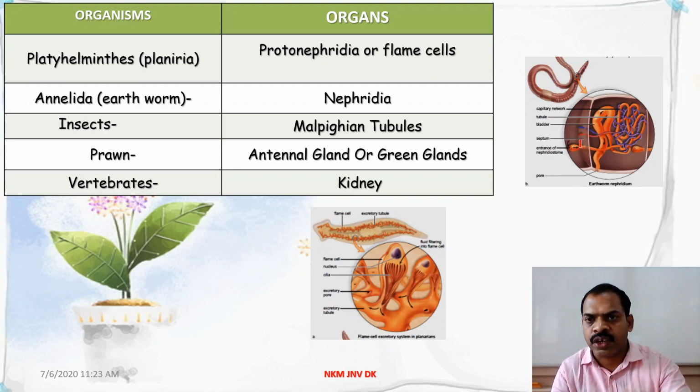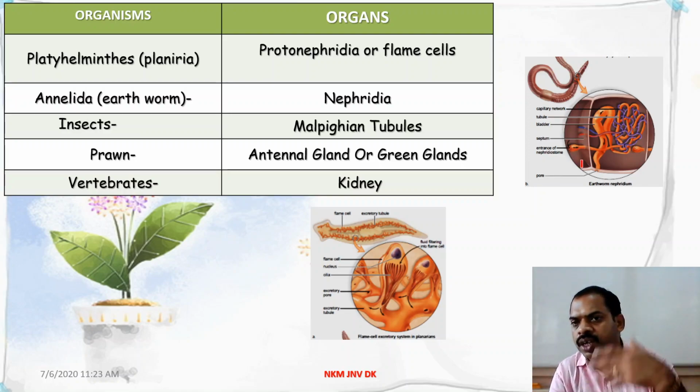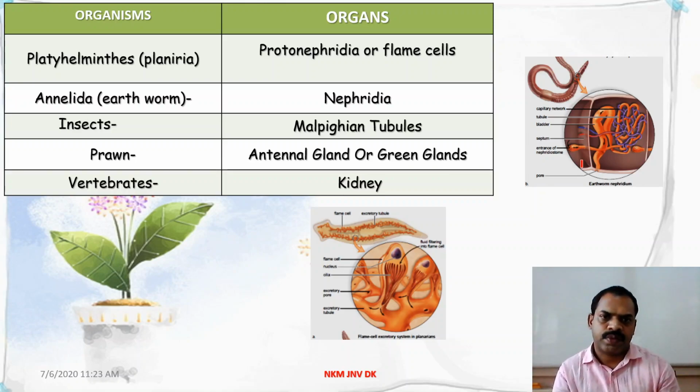It excretes to the cuticle, the outer skin surface. That is why the earthworm's skin appears moist, because they excrete through the skin. That also helps them with respiration, because the moist skin dissolves the oxygen and absorbs it.